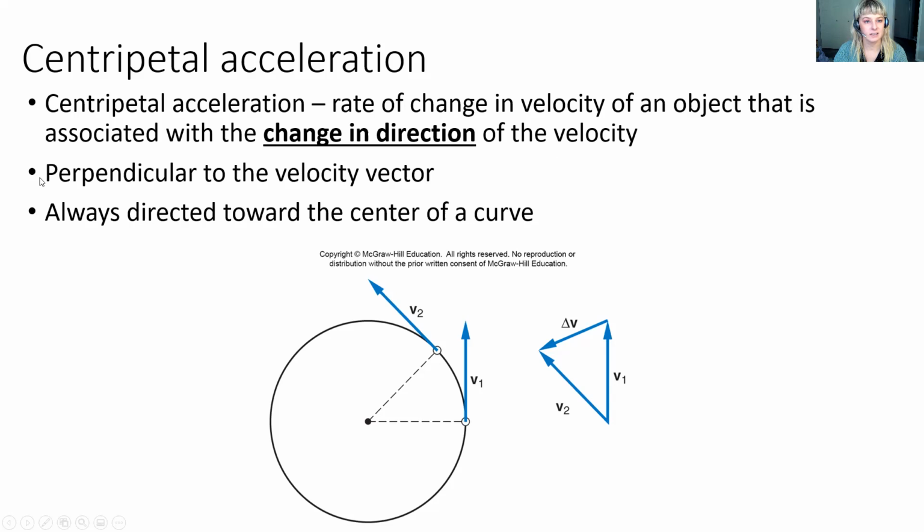This centripetal acceleration, centripetal means center seeking. So this acceleration points towards the center of a curve. If I'm looking at a circular path, that acceleration points towards the center of the circle. So it would point inward here.